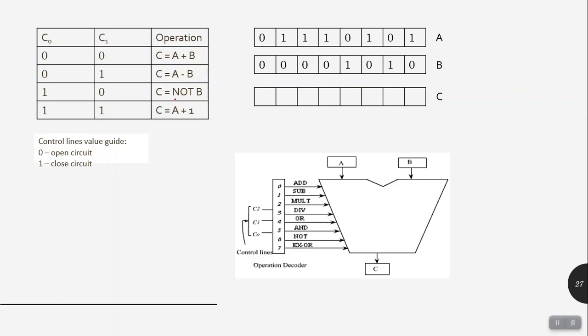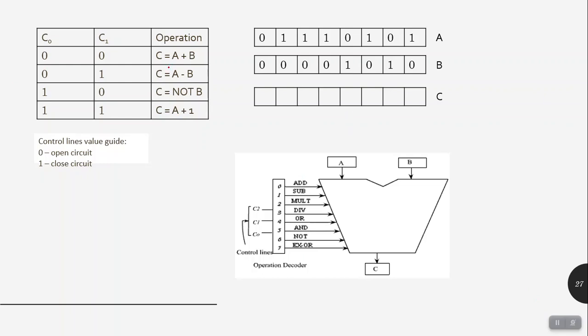This is a logical operator, the NOT. We will know more about this later on as we process the inputs from our registers. And if C sub 0 and C sub 1 both have 1 as their value, we'll just add 1 to our input register A.